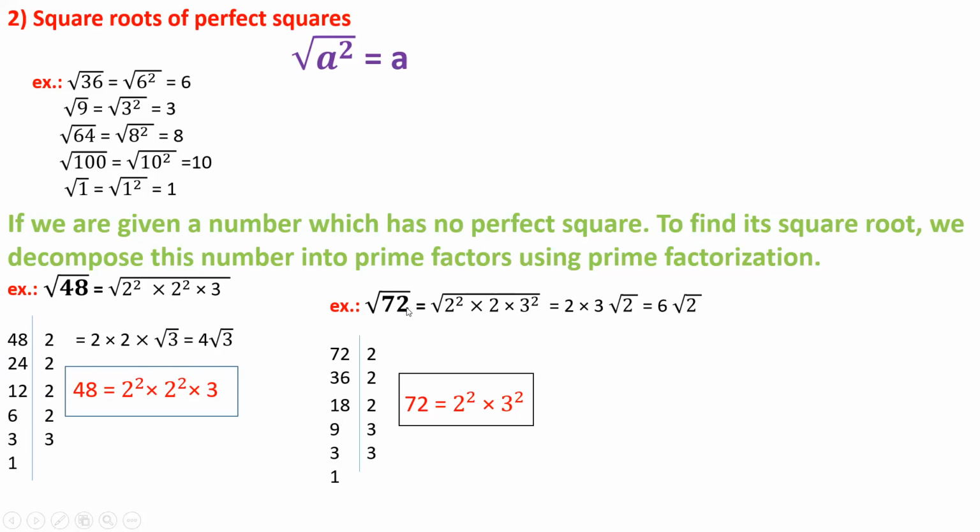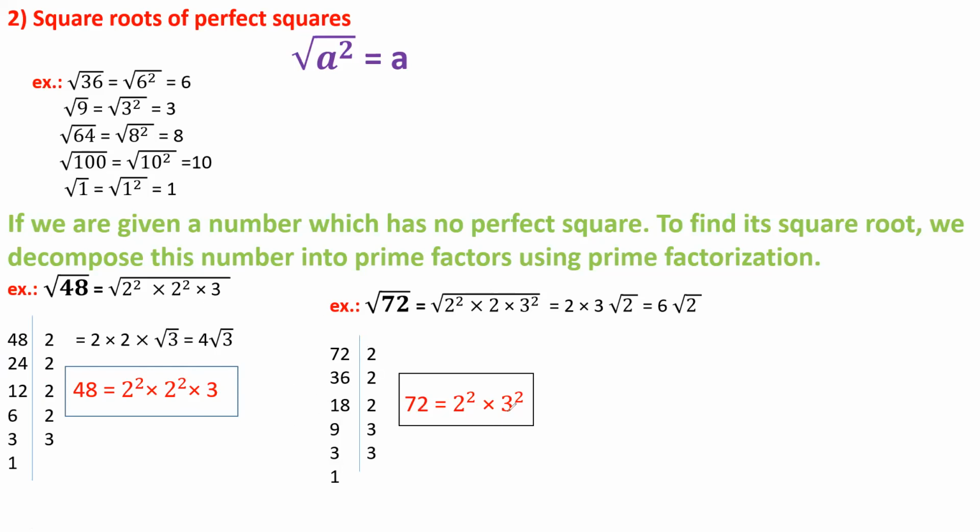Another example, radical 72. I make the prime factorization of 72. Here I have a typing mistake, so let me correct it.